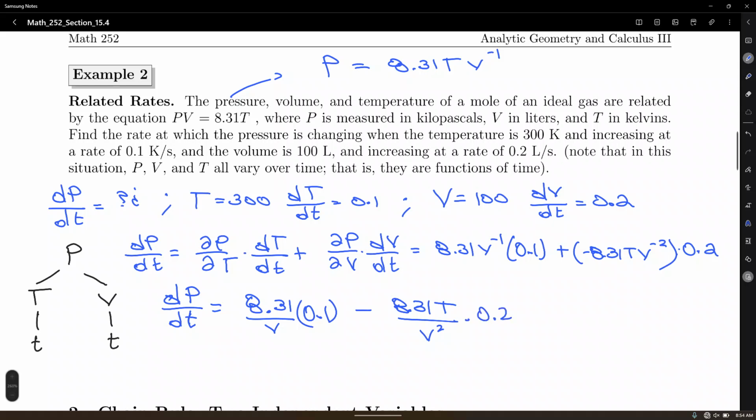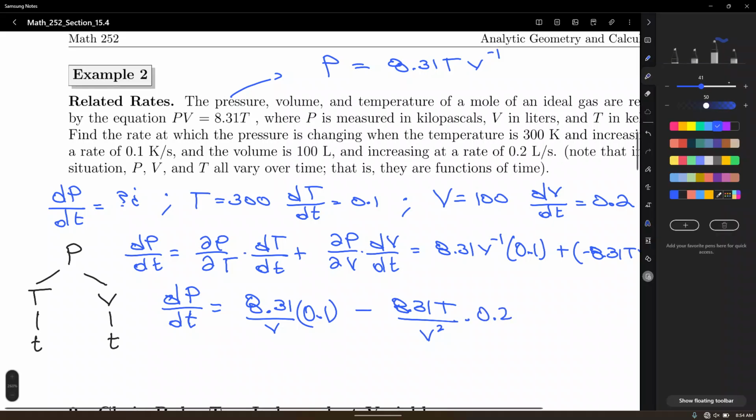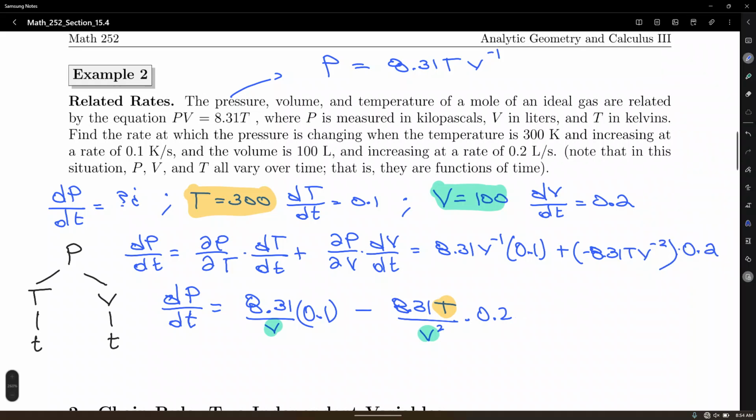Okay, so all we're going to do is substitute our given values for the temperature and volume. That's all it is.